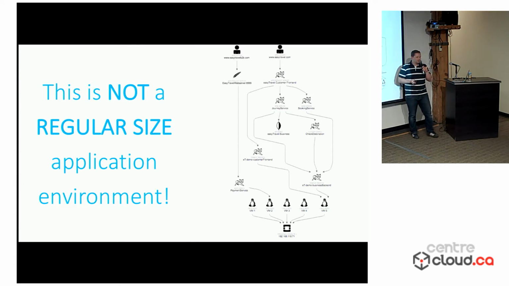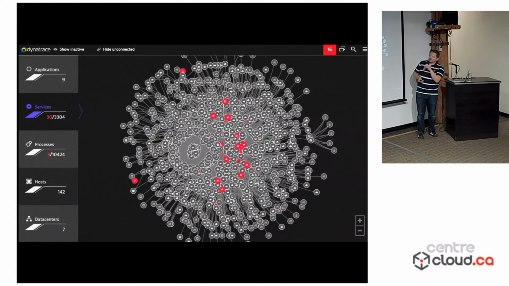And one more thing, the application we just looked at, it's not a regular size application, right? It's two end user applications, a few services, a few hosts. So we actually see a lot of application environments, and what we see out there at companies looks more like that, where you have 140 servers, 10,000 processes, and 3,000 services.